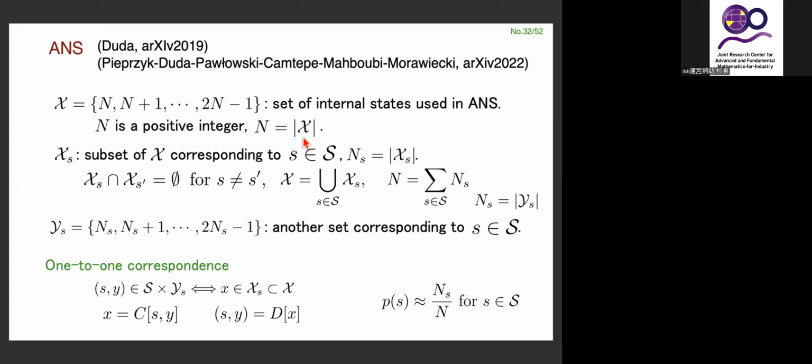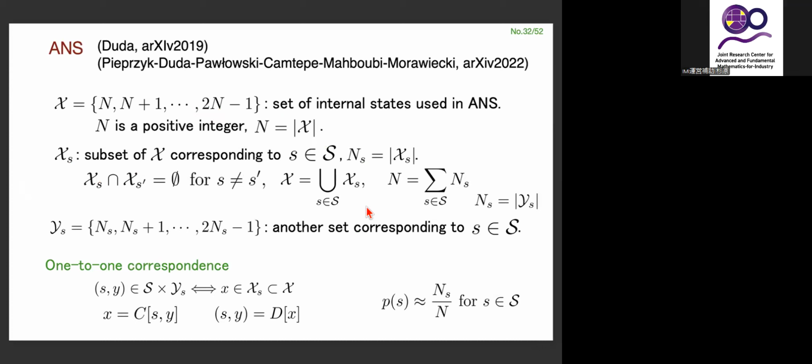Therefore, the size of set X is n. X_s is the subset of X corresponding to source symbol s, such that the X_s are mutually disjoint for different source symbols.